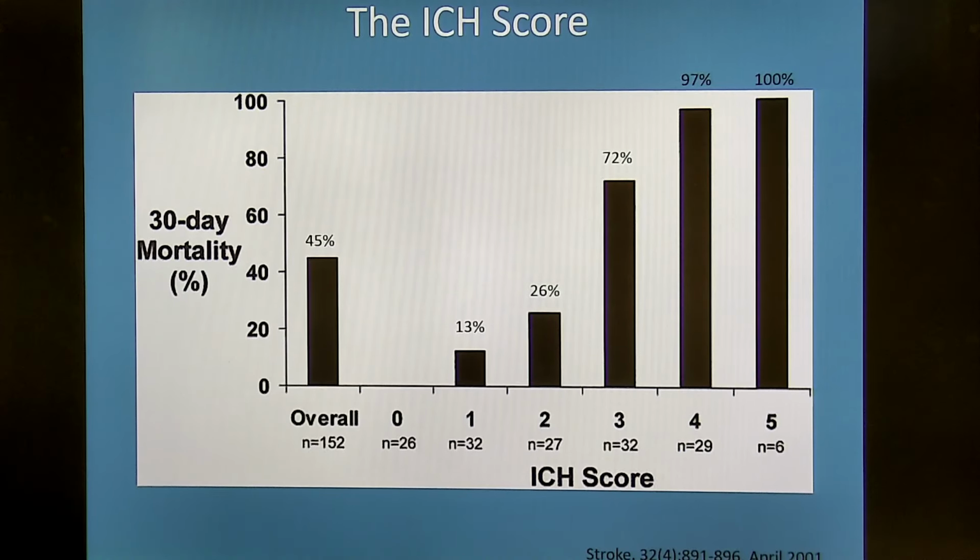When using the ICH score, one can predict 30-day mortality. You can see with each added point, the mortality increases. No one ever achieved a score of 6 because they did not see a combination of infratentorial bleed with intraventricular hemorrhage during the study.